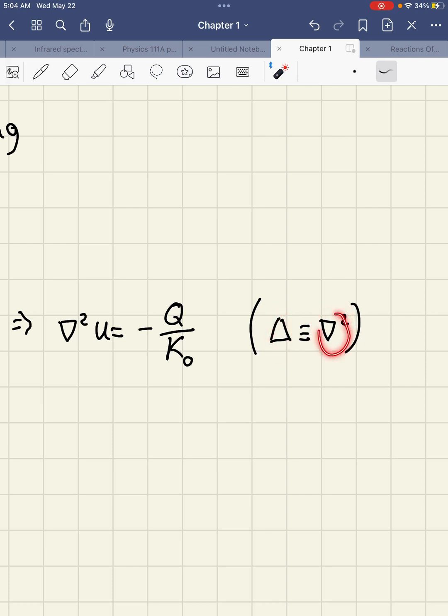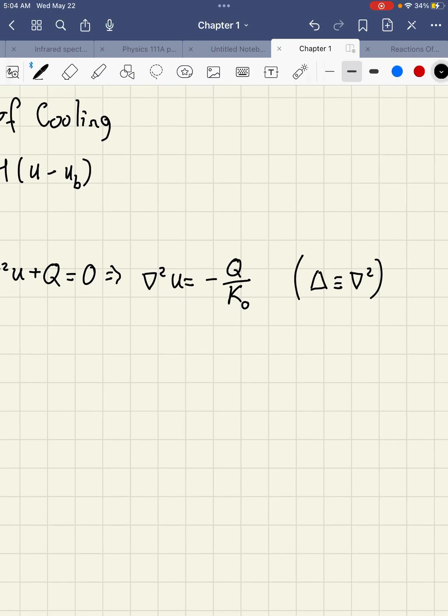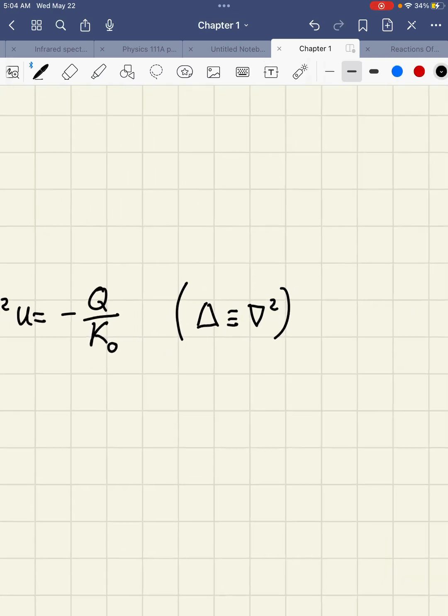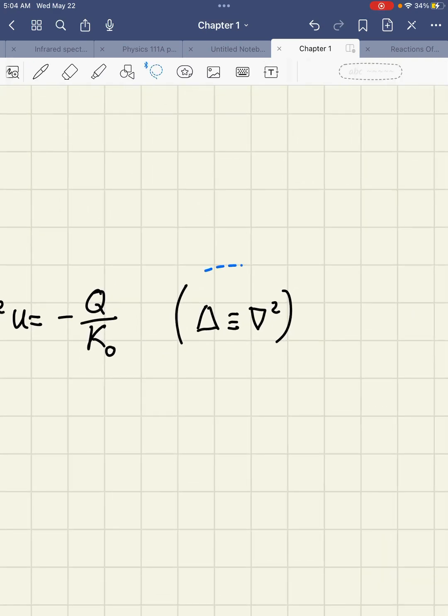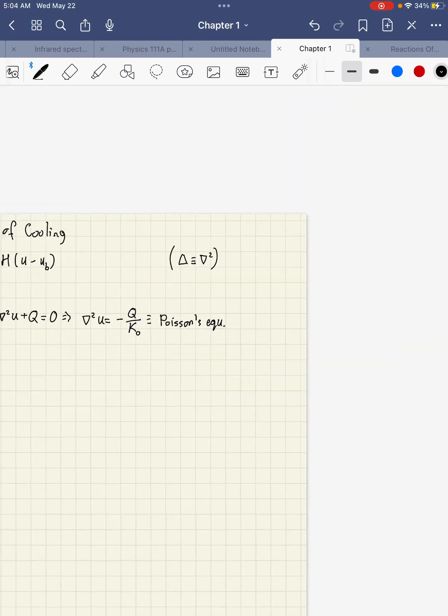So I just wrote this so you prevent confusion from the change with the Laplacian. This equation, as I showed it, let me just write this for a moment here. This equation is Poisson's equation. I used to call this Poisson's equation.